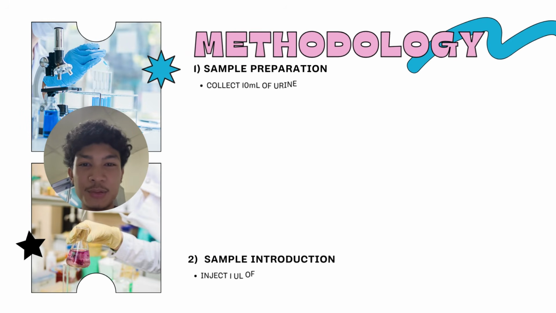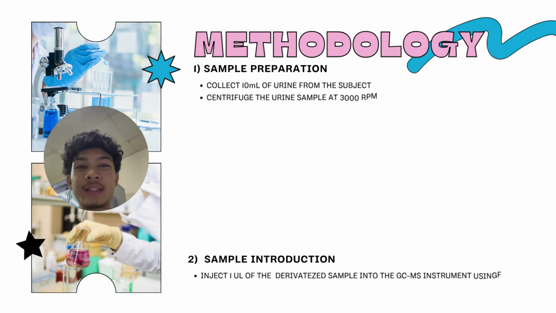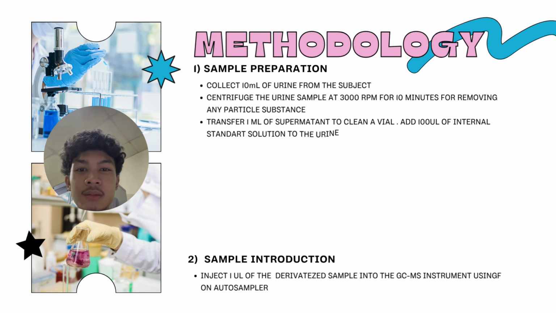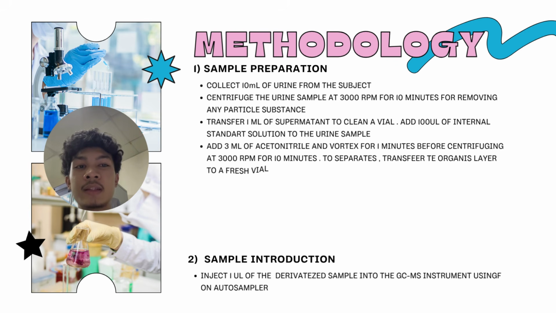Okay, next is methodology. First, sample preparation. We started by collecting 10 ml of urine from the subject. The sample was centrifuged at 3000 rpm for 10 minutes to remove any particles. Then we added internal standard solution and acetonitrile to the sample, mixed it and centrifuged again.